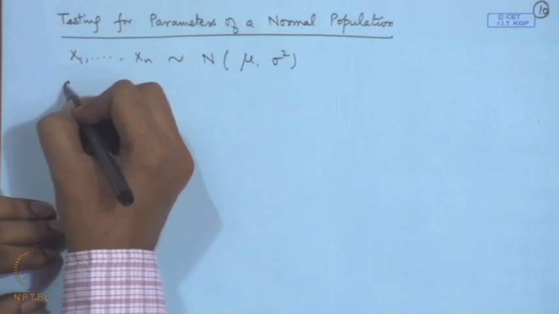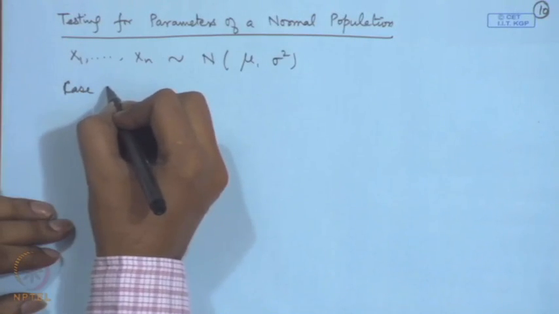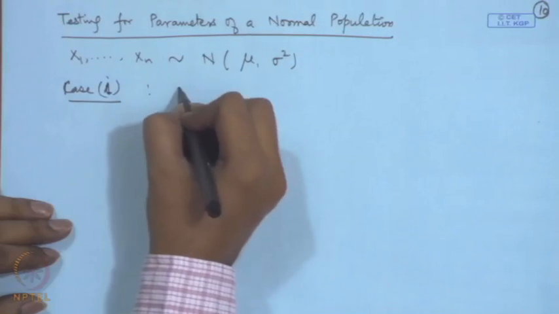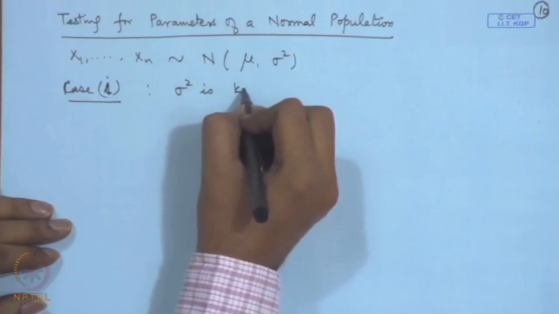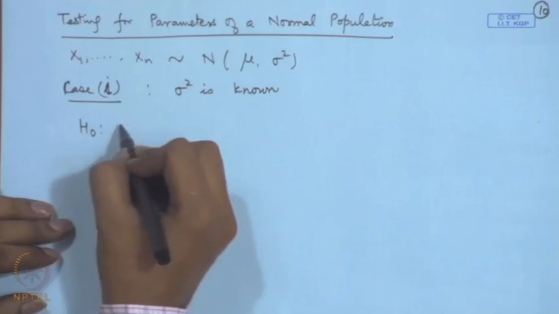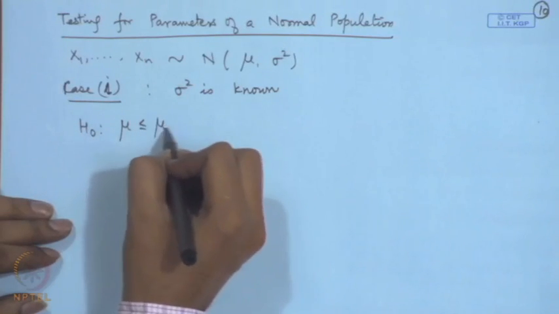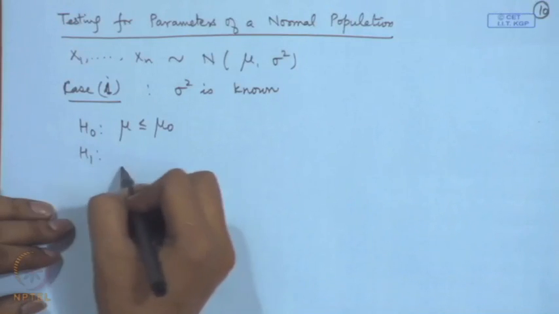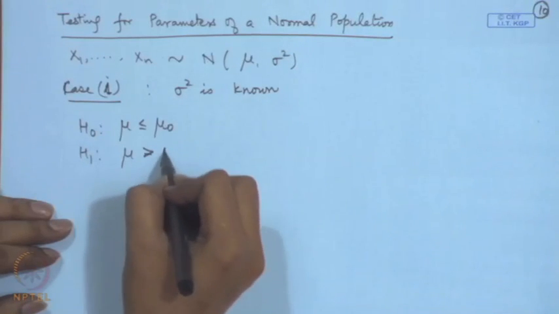We are considering case 1, when sigma square is known. We are considering the hypothesis mu is less than or equal to mu naught against mu is greater than mu naught.